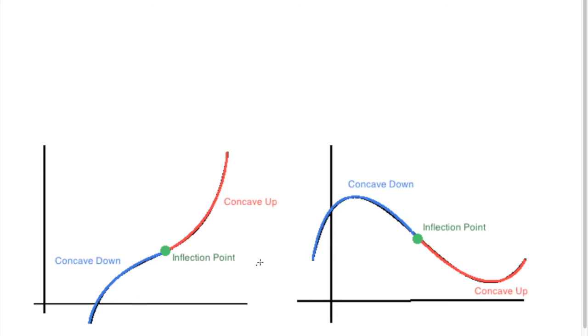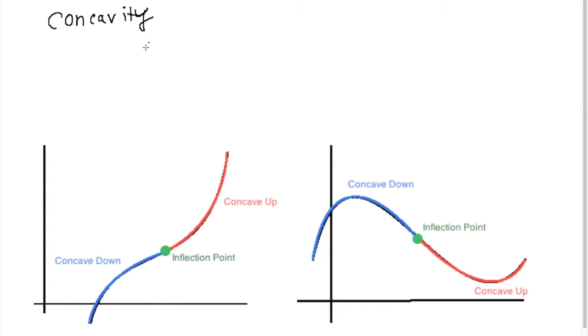So the simplest explanation is that it's a U shape opening down or a U shape opening up, but the reality is that it just needs to be a general curve upward or a general curve downward to be concave up or down. In a graph, if it changes from concave down to concave up or up to down, this point is known as an inflection point.